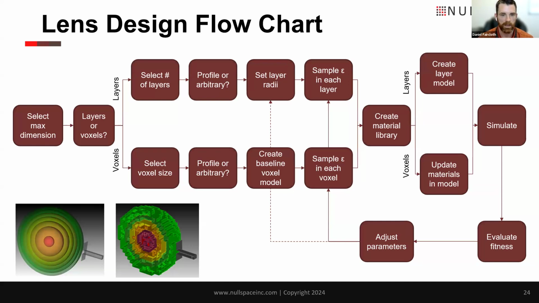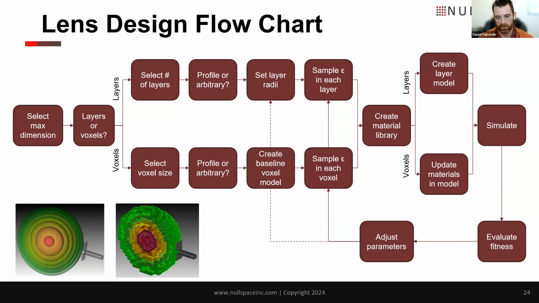Our API supports specification of a profile that then gets mapped onto those layers or voxels, or you can just say that this is an arbitrary structure. I don't want to presuppose any particular variation, and that's going to give you the most design freedom throughout the optimization process. Then, you would create the baseline model.